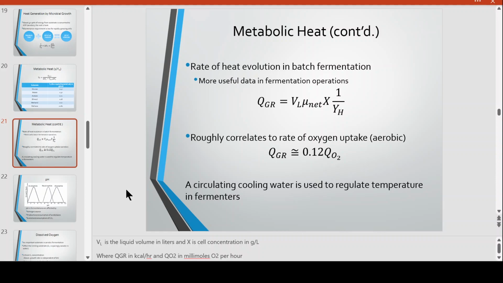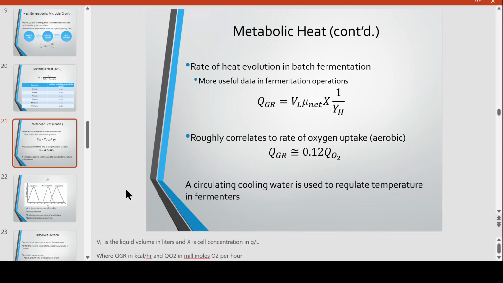Here is Q sub R, the heat generated for the growth. We can calculate it from the volume of the liquid, V sub L in liters, the net growth rate multiplied by the cell concentration, times your metabolic heat.